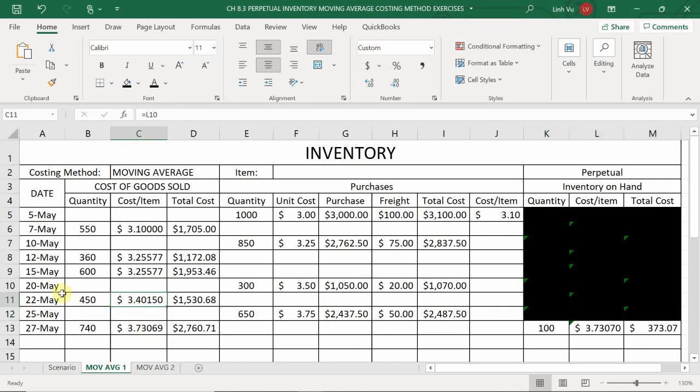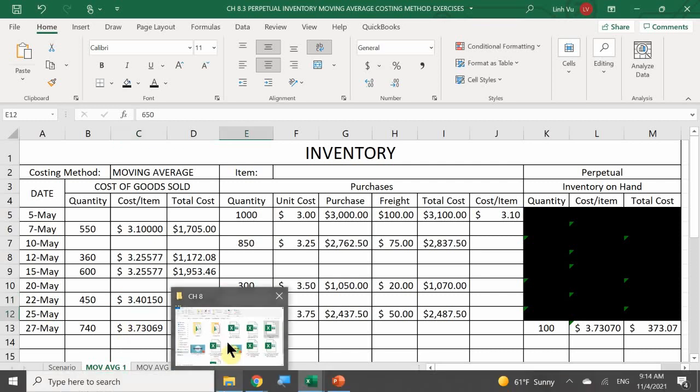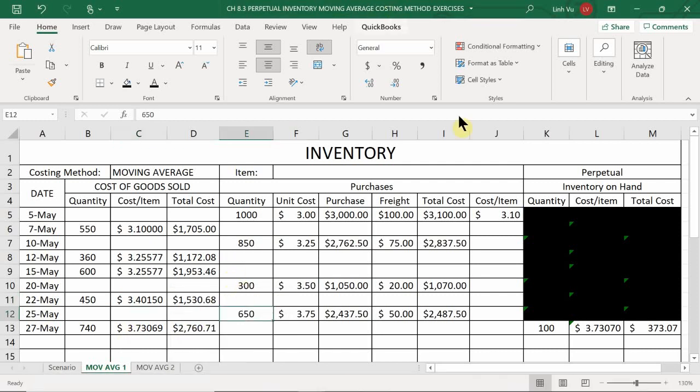May 22nd to May 27th, the price is changed. That's because we bought something. She bought something, so you get a new average unit cost.